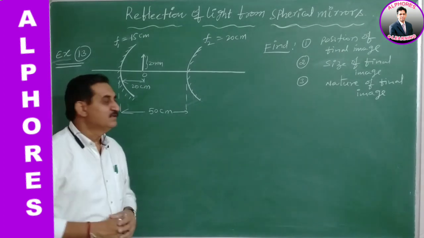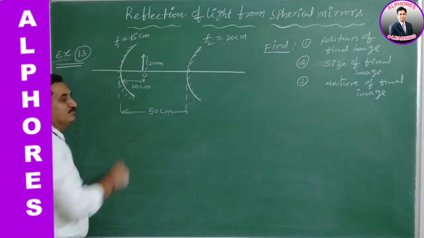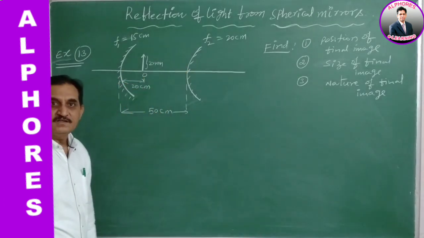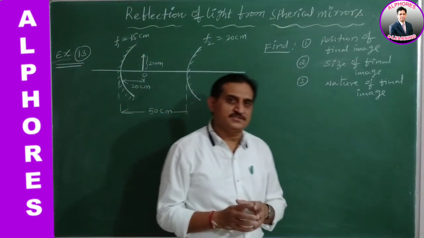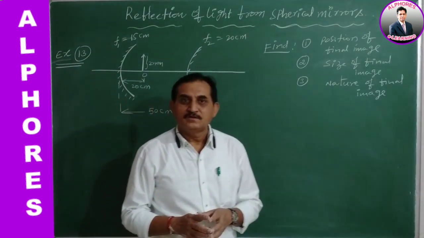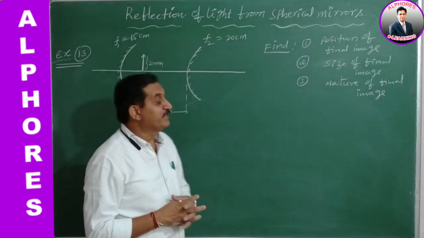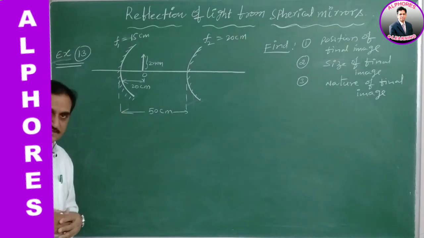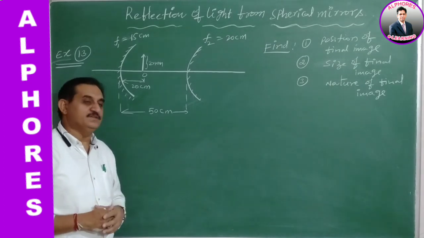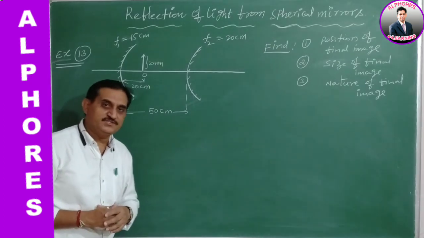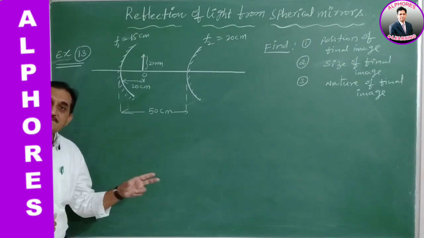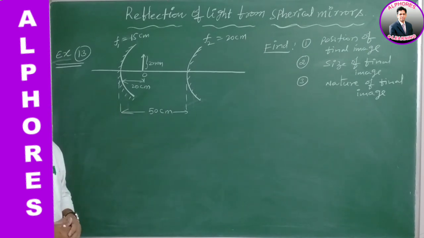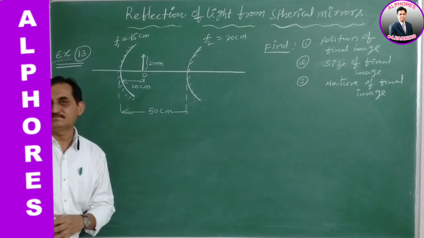Consider the first reflection on the concave mirror, then the second on the convex mirror. Here we should consider two reflections by the two spherical mirrors, after which the final image is formed. We need the position, size and nature of the final image after the two reflections, the first by the concave mirror and then by the convex mirror.